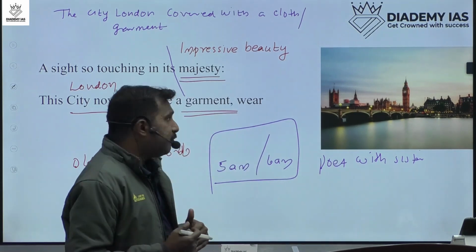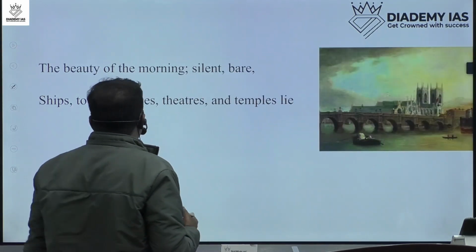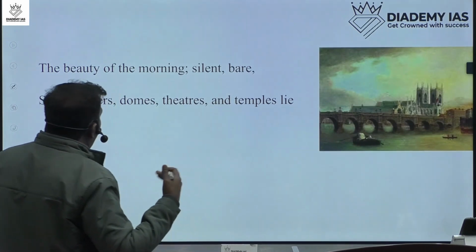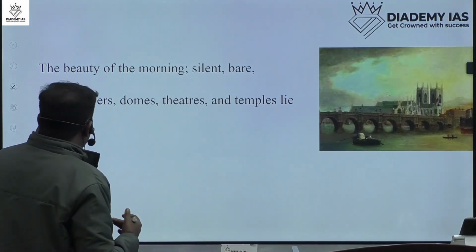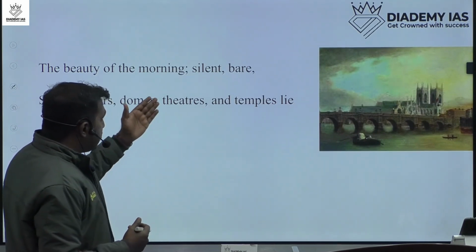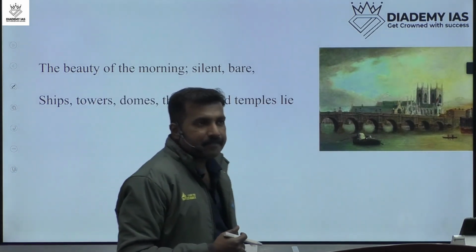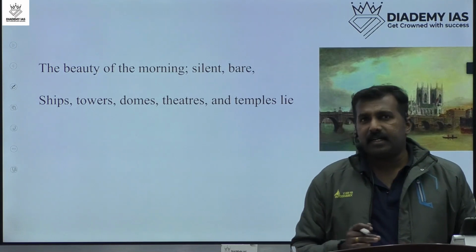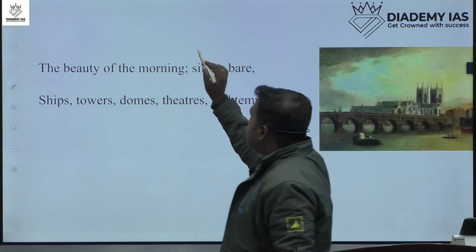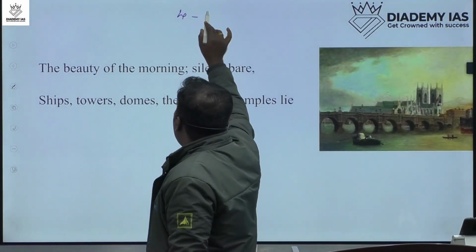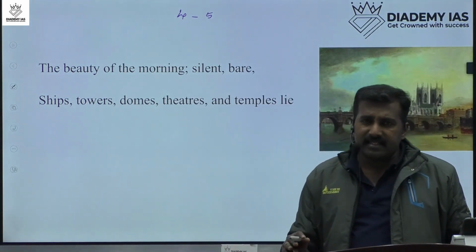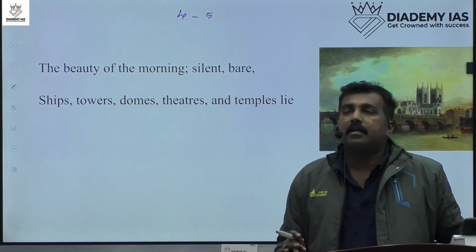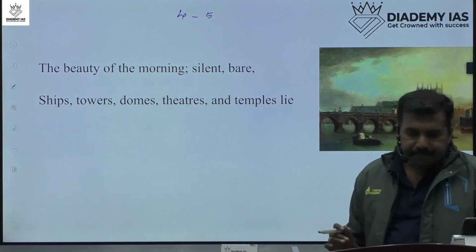And the next one is: the beauty of the morning, silent, bare, ships, towers, domes, theatres, and temples lie. Okay, so what is the meaning of lines 4 and 5?